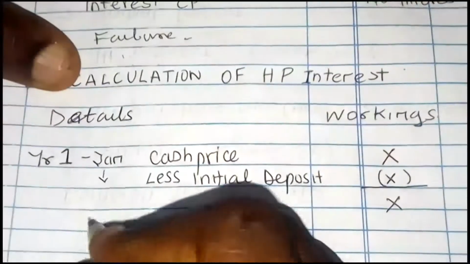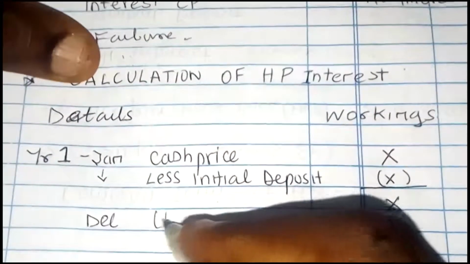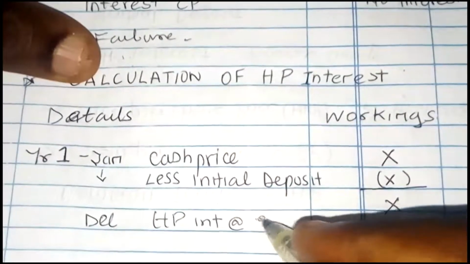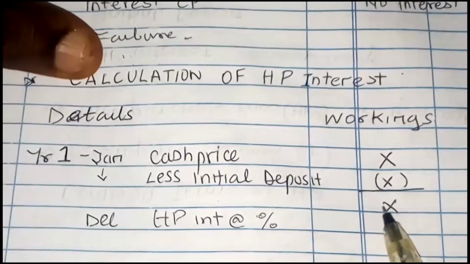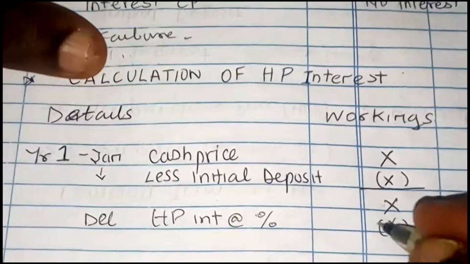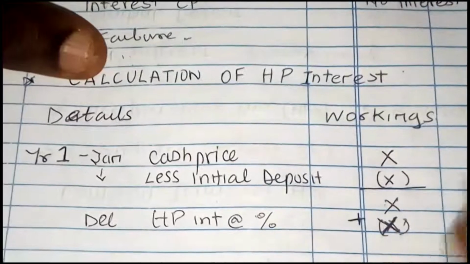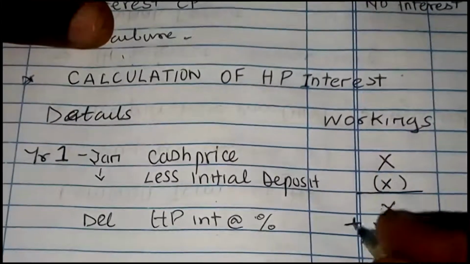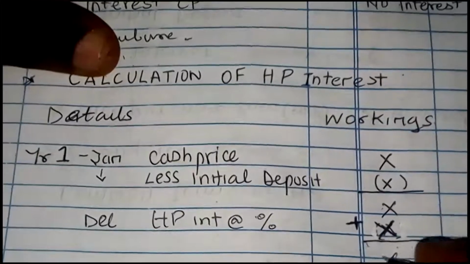Then by December of year 1, you will compute your hire purchase interests at a certain percentage, okay? That is on this balance. Then you add the hire purchase interest, sorry for that, you add, then you have a balance here.